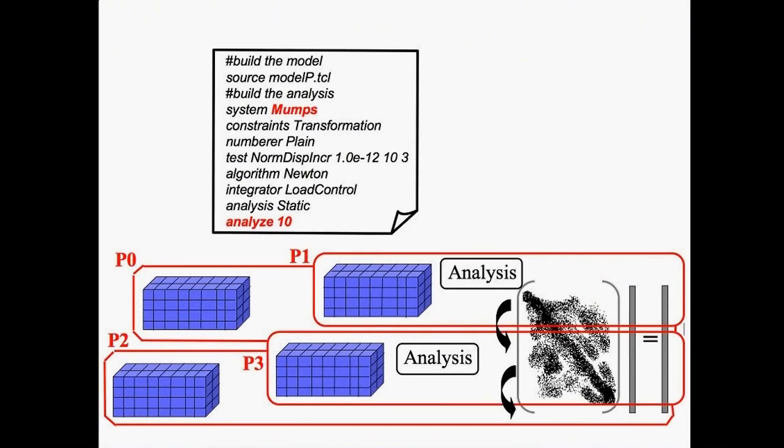It's only when the interpreter comes across the analyze command that it actually does something. It does a process called domain decomposition, which splits the elements, nodes, and load patterns into different partitions. The process will then send out to the different processes in the computation different elements and nodes.